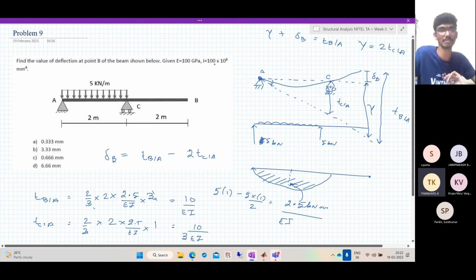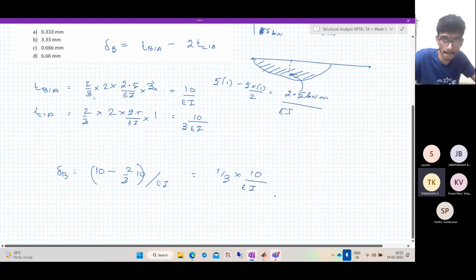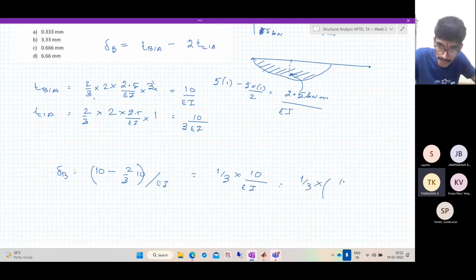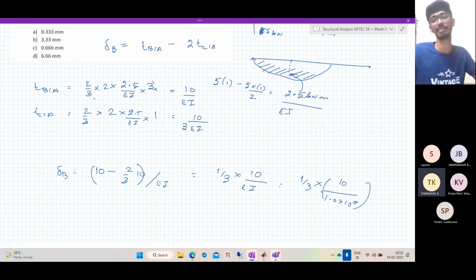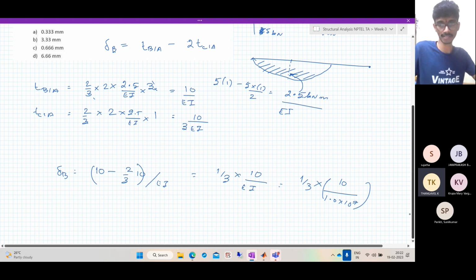I is 100 into 10 power 6. So here 1 by 3 into 10 by EI, and this is in kilonewtons, so convert it to newtons.